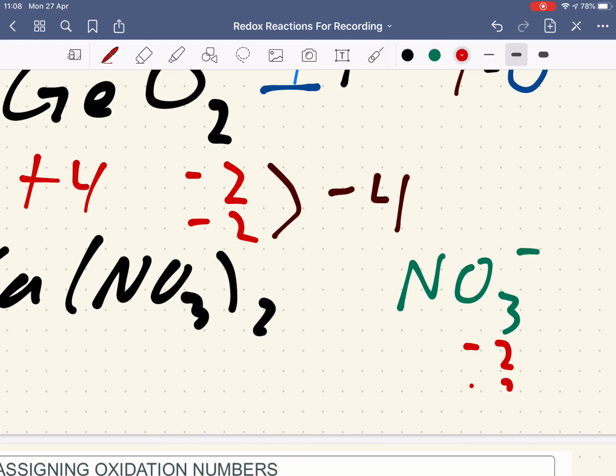There's 3 of them. Okay? So that means that it's going to have a total here of -6. Over on the other side, nitrogen, right? That one nitrogen plus the 3 oxygens has to equal -1.